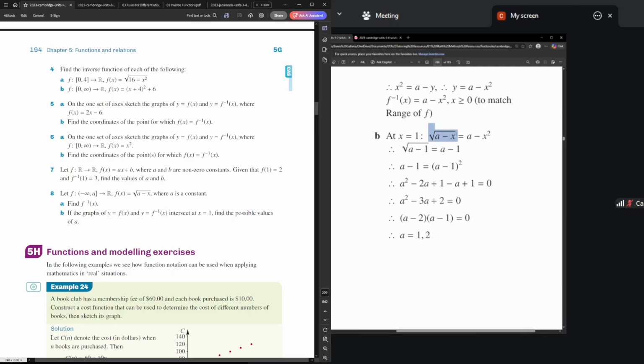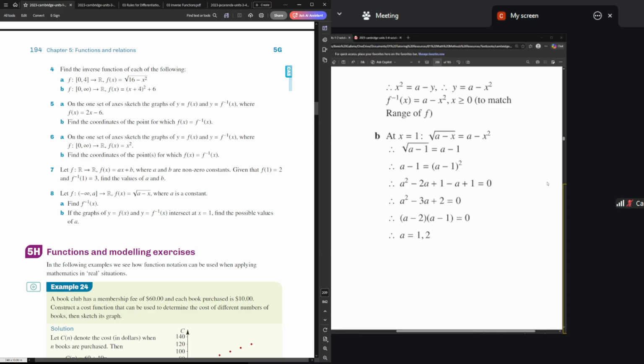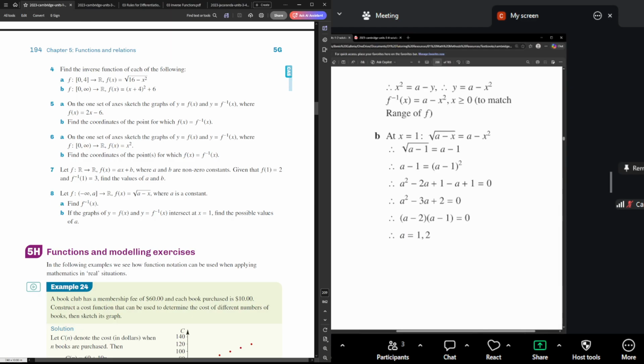So remember that this root only comes with the positive portion, whereas the quadratic, when you do your inverse, has to only have one of the halves, otherwise you're not doing a proper inverse pair. So what I think's happening is they're treating this quadratic as having both halves, and then the math is coming out such that probably finding the intersection of the negative part of it rather than the positive part of it.